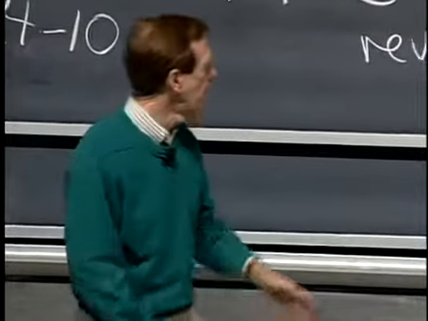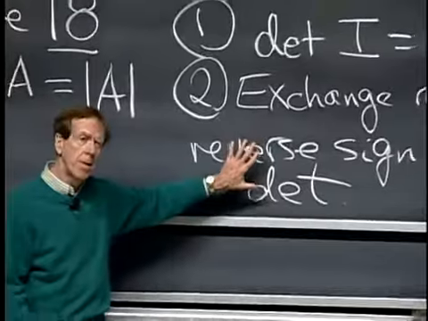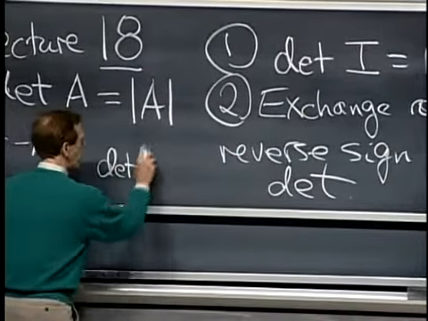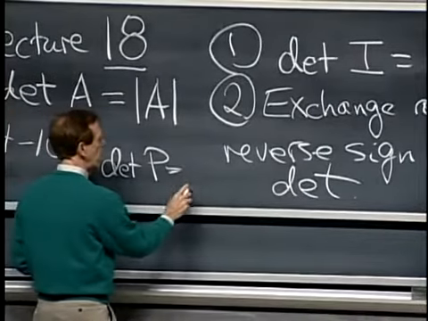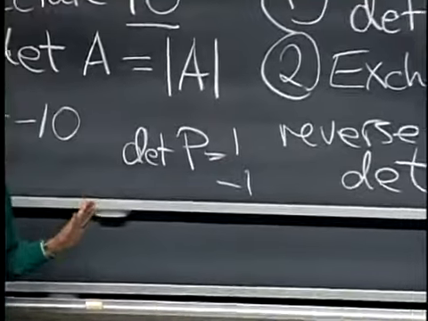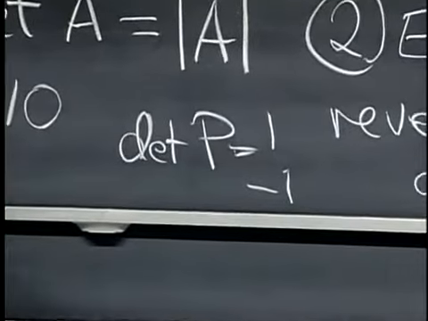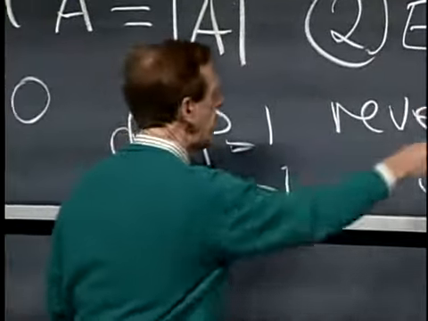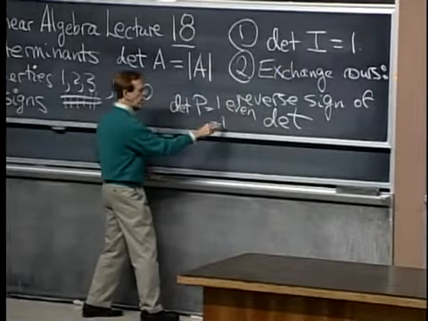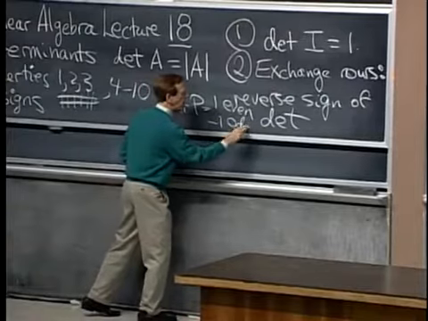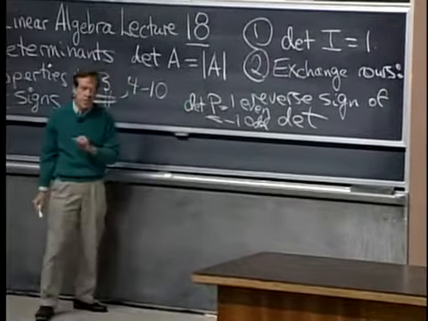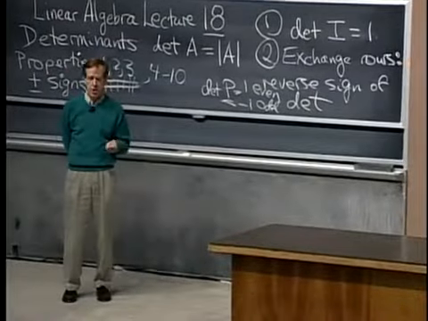At this point, I know every permutation matrix. So the determinant of a permutation matrix is 1 or minus 1, depending whether the number of exchanges was even or odd. So this is the determinant of a permutation. Now P is back to standing for permutation.